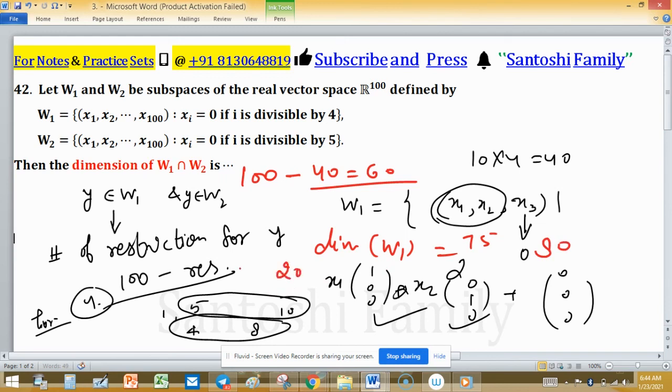As i is divisible by 4 and 5, 20 is a number which is divisible by both 4 and 5. Similarly, there will be more numbers: 40 will be there, 60 is one of them, 80, 100. So some numbers are divisible by 4 and 5 together, so they need to be taken once.